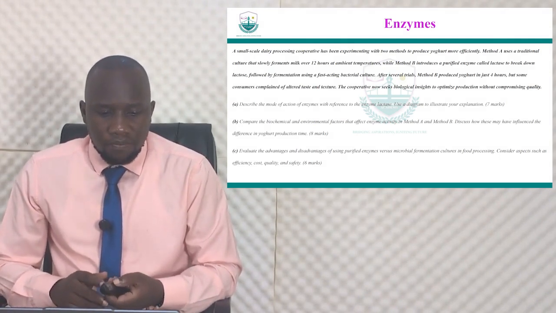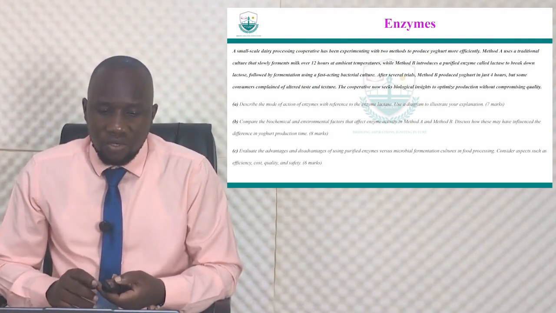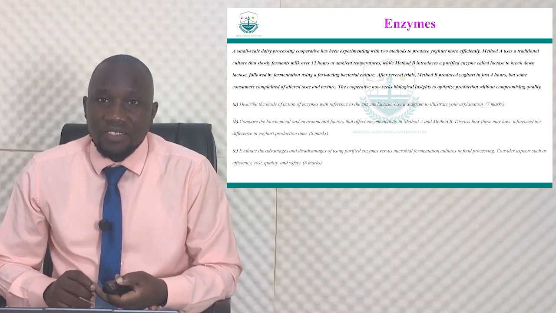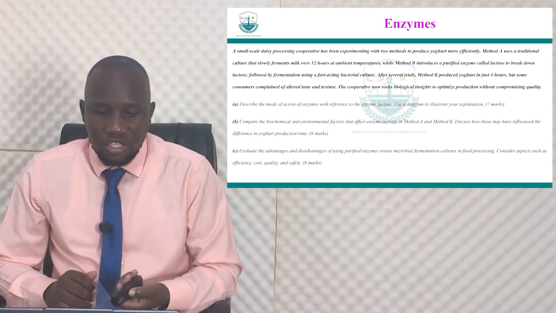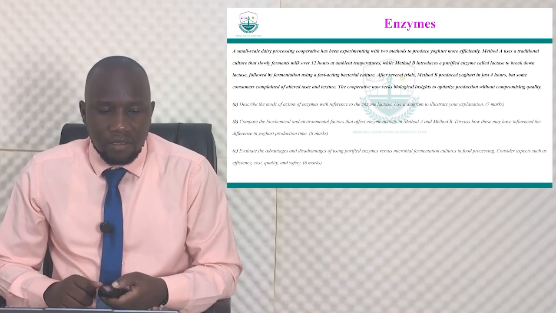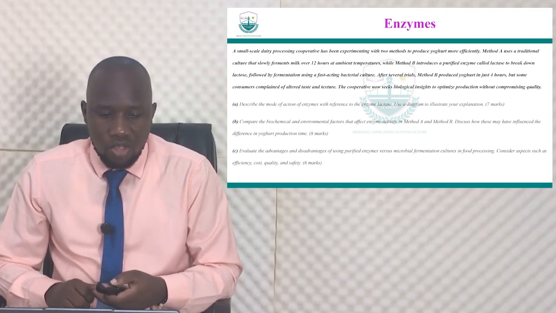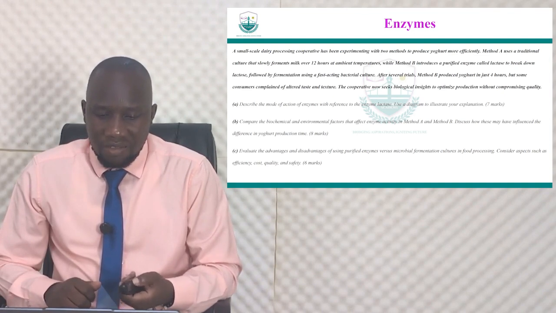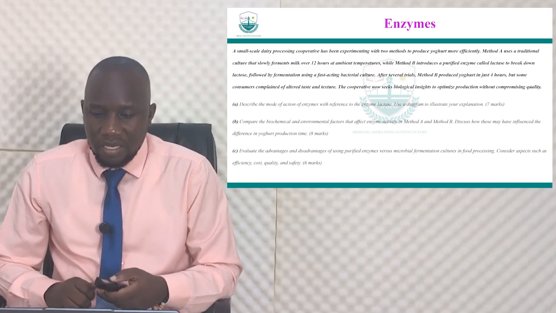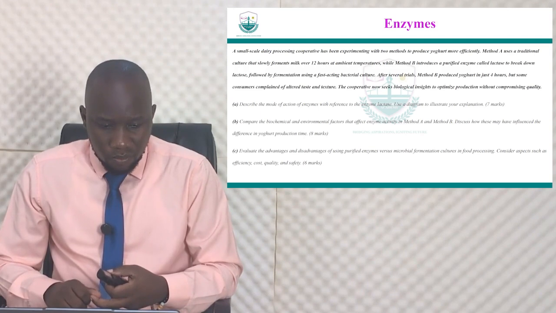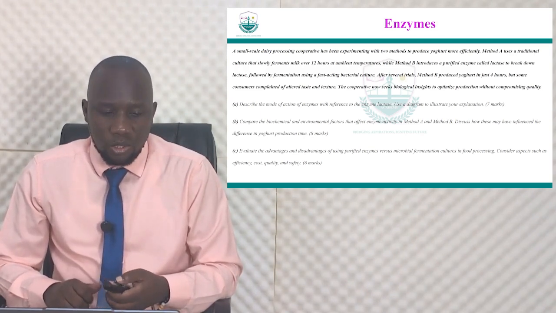Okay, so the first question is can you describe the mode of action of enzymes in reference to the enzyme lactase? Can you use a diagram to illustrate your explanation? The second question is can you compare the biochemical and environmental factors that affect enzyme activity in method A and B and discuss how these may influence the difference in the yogurt production time?